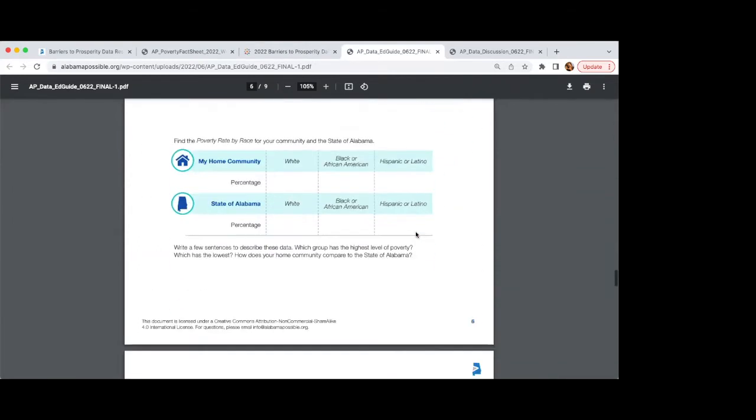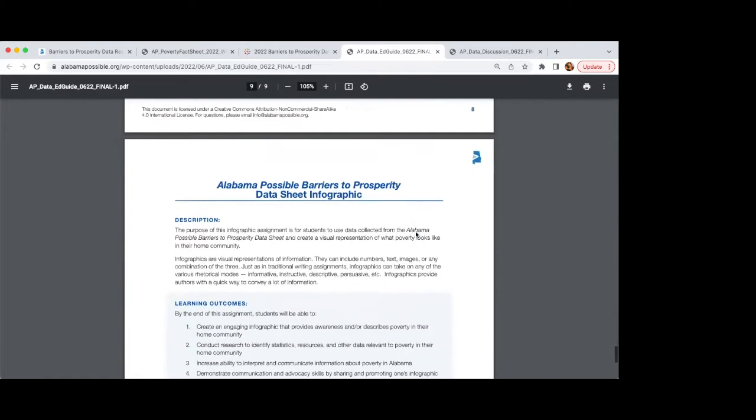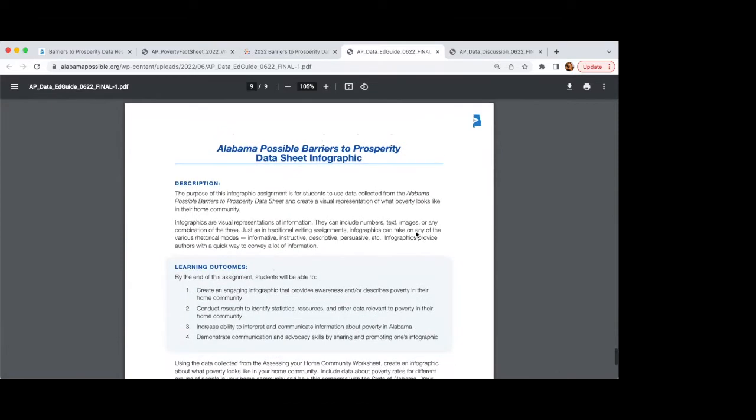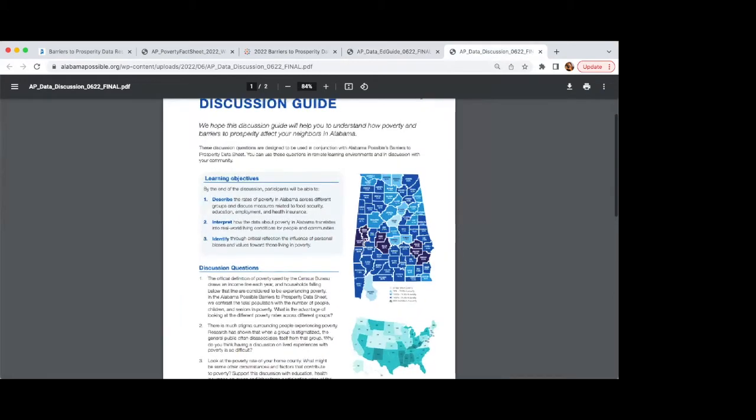And then lastly, after that worksheet, we have an infographic activity. And this gets students to create a visual representation of poverty, mainly for the purpose of strengthening their communication around these issues. So that is our educator's guide. We also have a discussion guide that is meant for any context, not just the classroom.